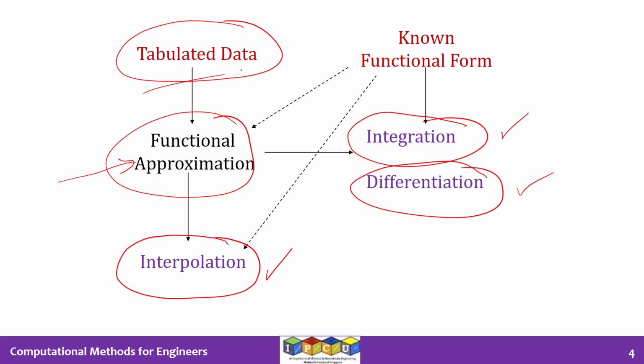Now, sometimes what happens is we may also have known functional forms that are given to us. But the known functional forms can be quite complex, so that they become unwieldy for fast computations. So when you're doing computations after computations after computations, what you look for is good accuracy but low complexity. So this is what is sometimes called surrogate models.